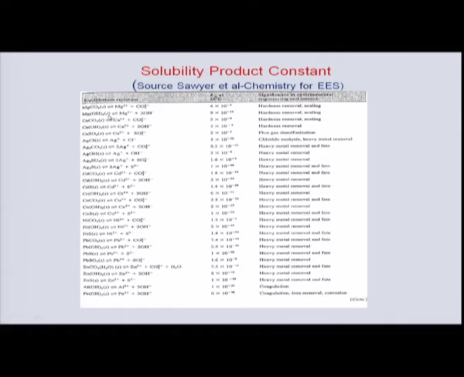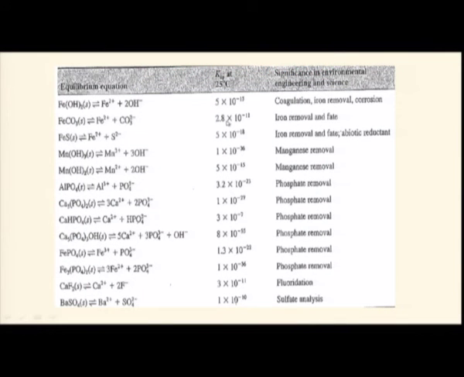For each one, their solubility constant value is important, KSP value. Let us see how it is happening. And some more compounds including iron, coagulation, iron removal, manganese removal, aluminum, all these wherever toxic components are there, if you want to remove this by converting into the insoluble compound, again this KSP value will be very, very useful.